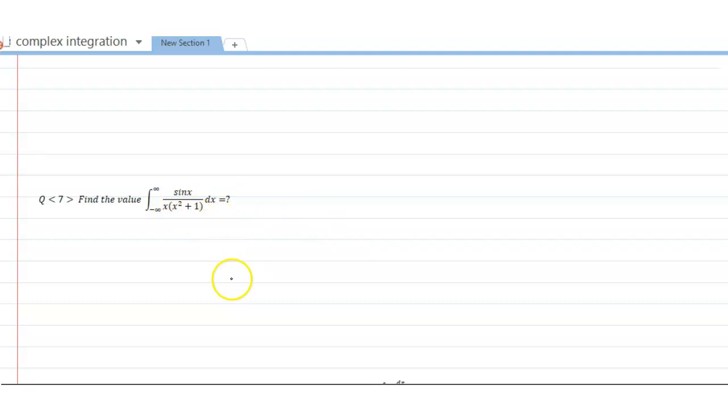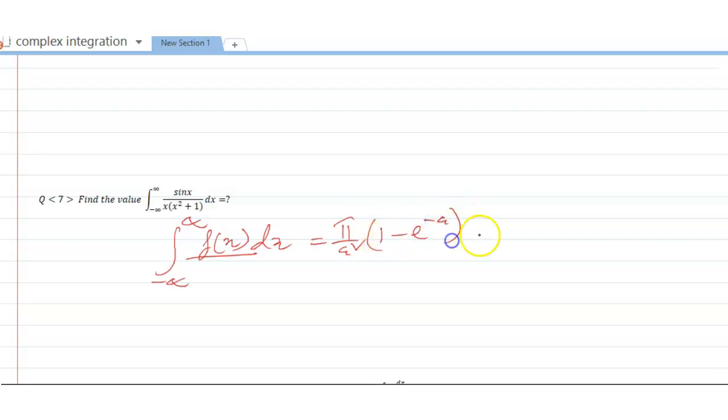This type of problem has a very shortcut way: the integral from minus infinity to infinity of f(x) dx is equal to pi by a square into 1 minus e to the power minus a, where f(x) is equal to sin ax divided by x into 1 plus x square.